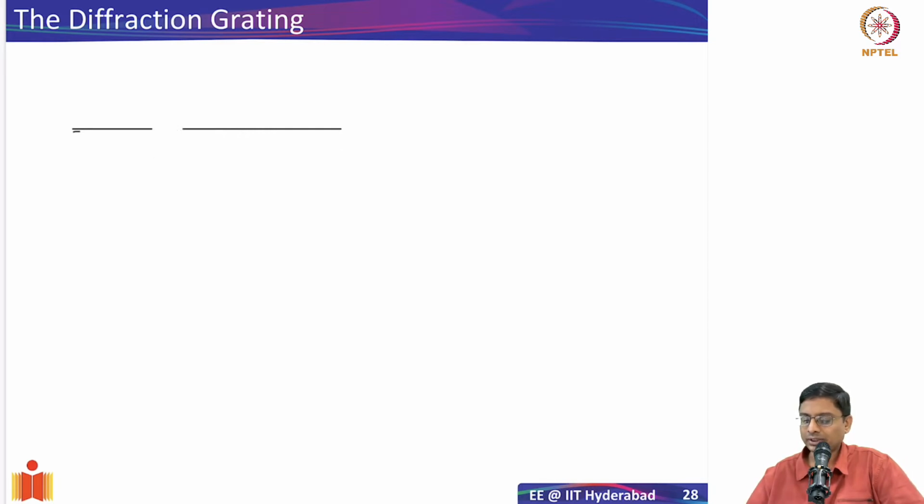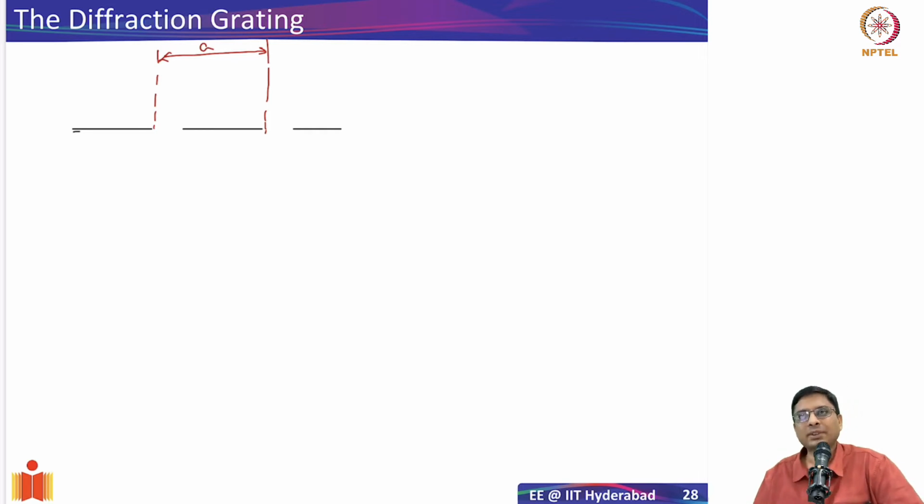Let's say I have two slits of this form, of equal width, and my periodicity, let's say in this case, is A.